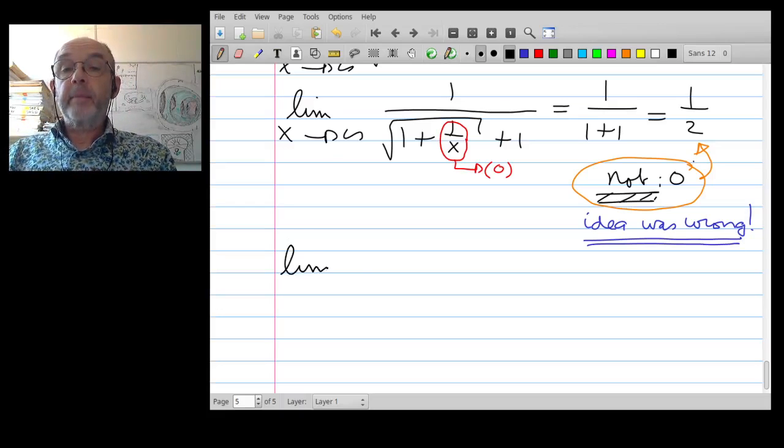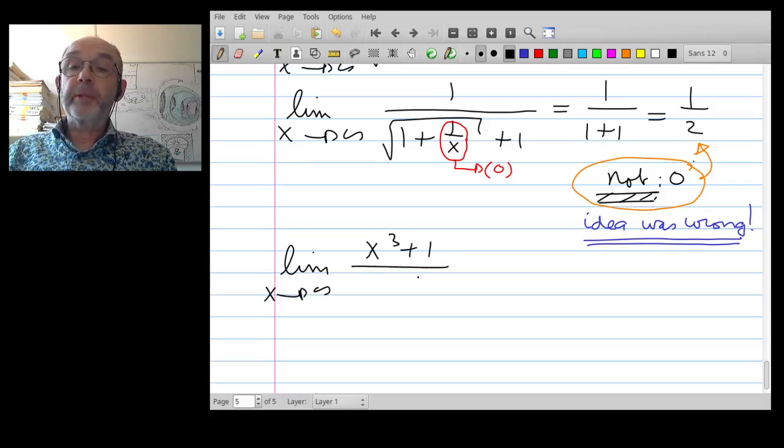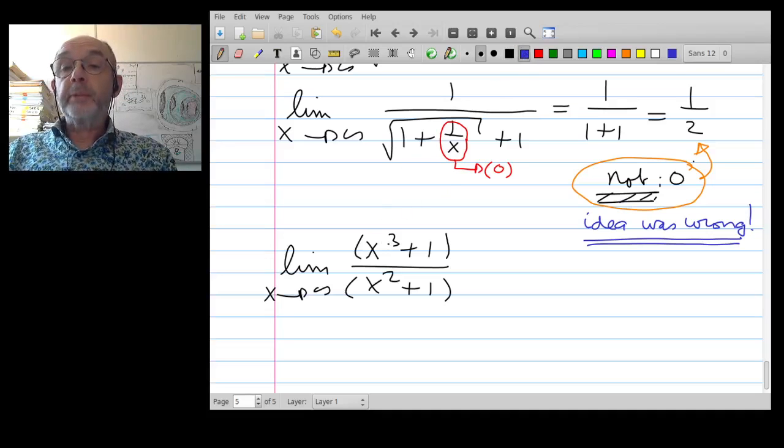The limit from x going to infinity of x to the power 3 plus 1 divided by x squared plus 1. Now look at the numerator, and what do you see in the numerator? This term grows the fastest, it becomes the greatest in the numerator.